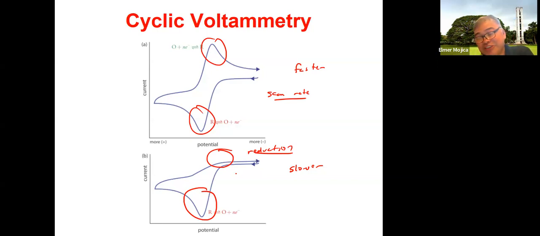So one explanation on the difference of the two: the products from the reduction of R have sufficient time to participate in the chemical reaction here. But on this one, at a much slower rate, we could say the product of R is not electroactive to undergo reduction. Okay, so you just change the scan rate and you can get information out of it.